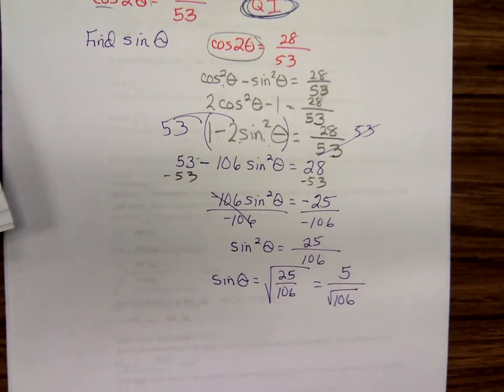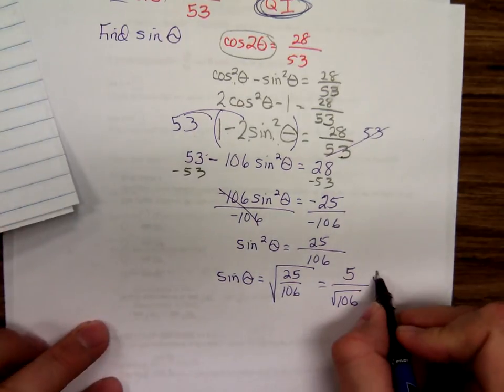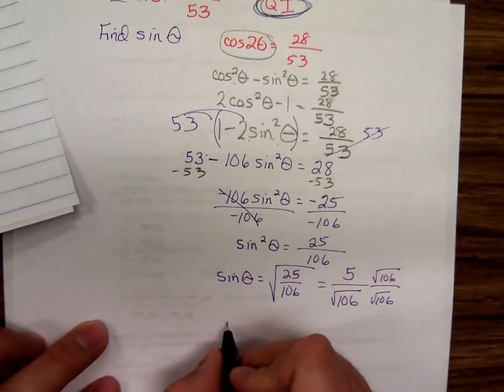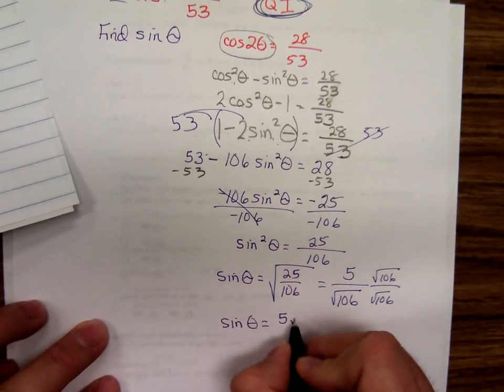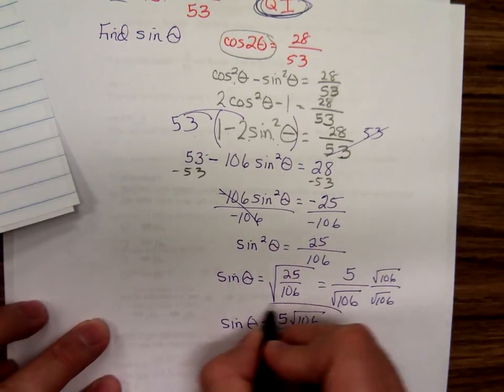So I'm not sure if they want us to rationalize on here or not. If they did, I guess multiply above and below by square root of 106. So here it is. Sine theta equals 5 square root of 106 all over 106.